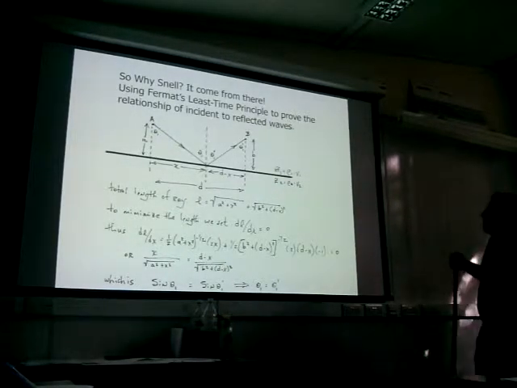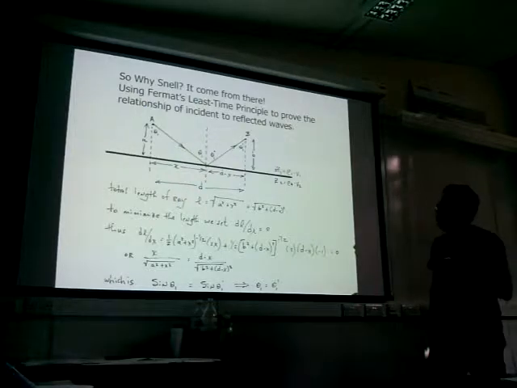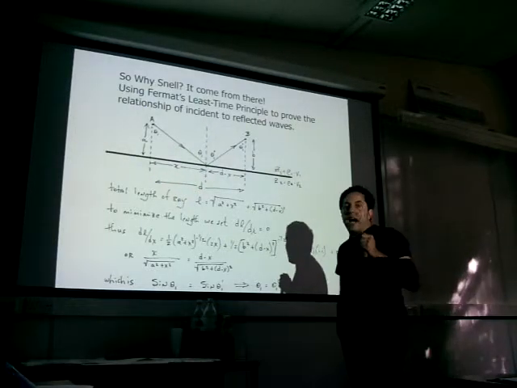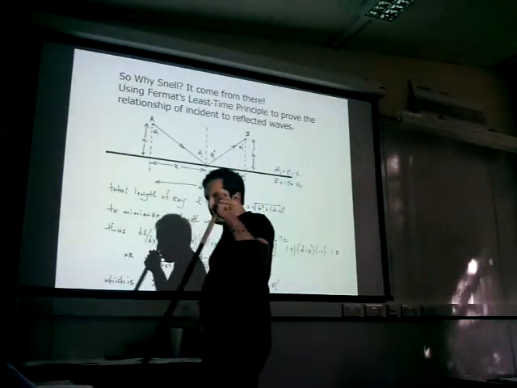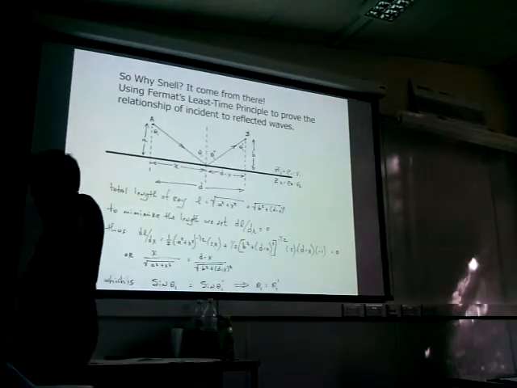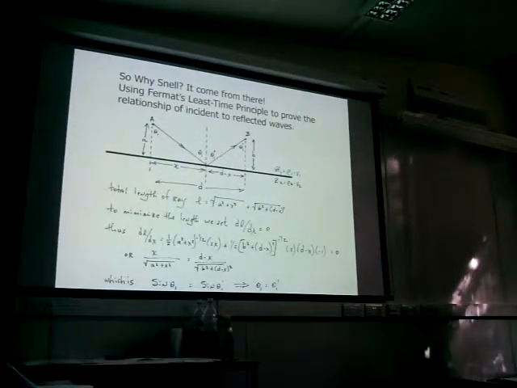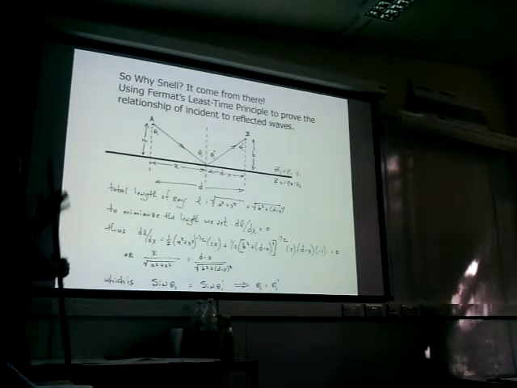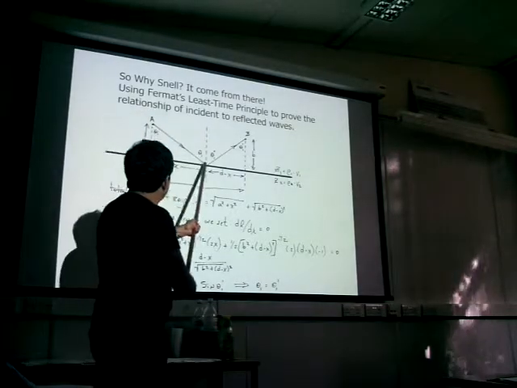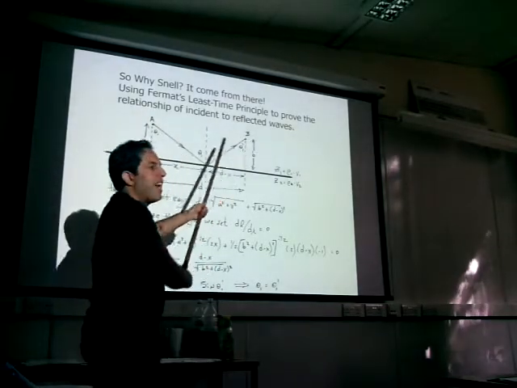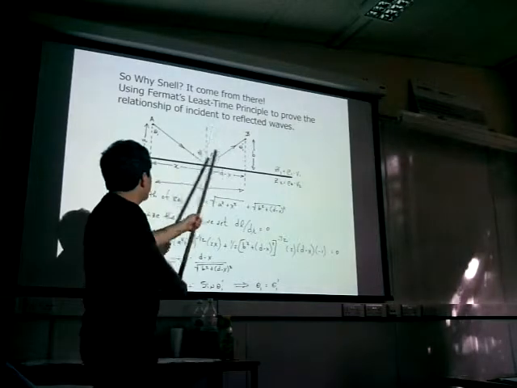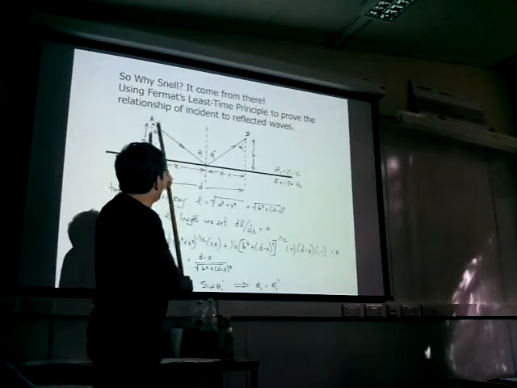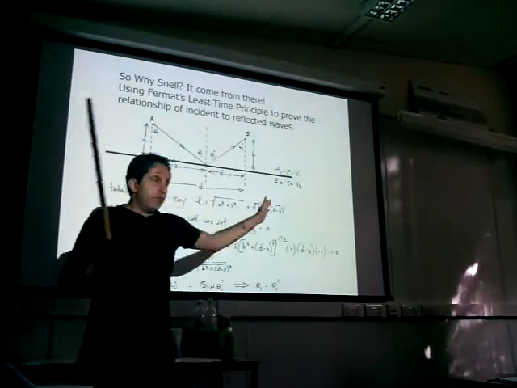But what is behind Snell's law is Fermat's principle. Fermat was a French mathematician who demonstrated that the shortest path to get from one point to another is the path for which the derivative of the distance from A to B, whatever it is, a generic distance, equals 0.